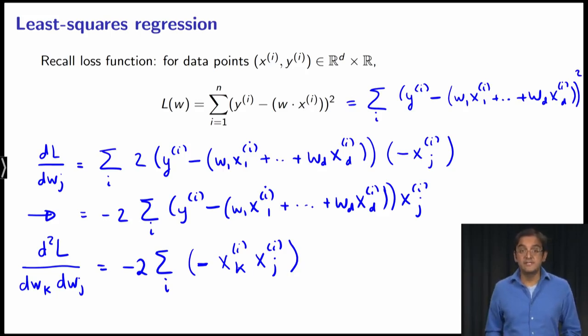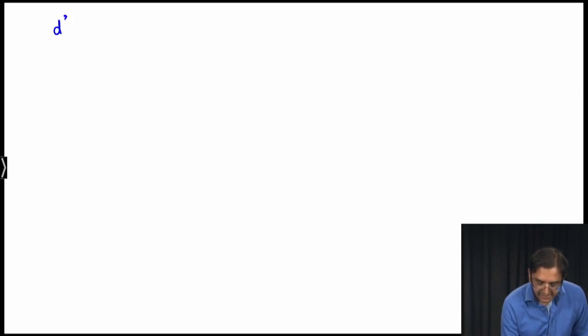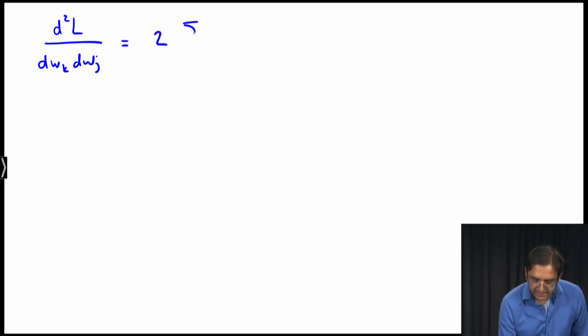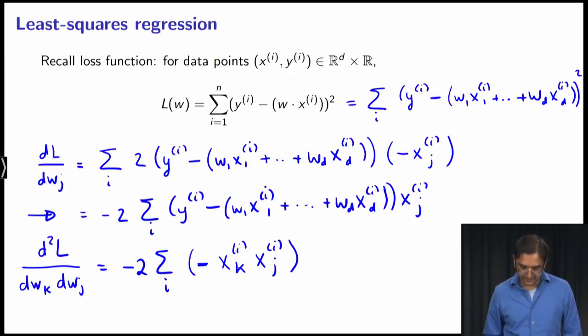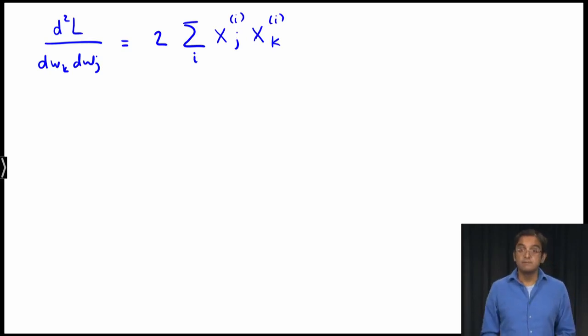And so the negatives cancel out, and if we just copy this over, what we have is that the second derivative of L with respect to w_k, w_j is twice the summation over i of x_ij and x_ik. So the jth coordinate of the ith data point and the kth coordinate of the ith data point. Okay, so this is the second derivative, or at least one term of the second derivative matrix.